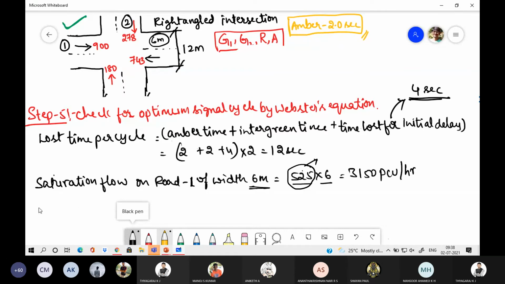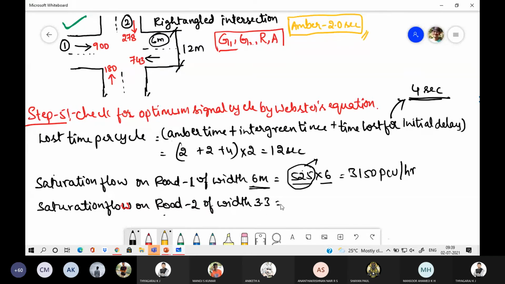Then similarly, saturation flow on road 2, of width 3.3 meter.